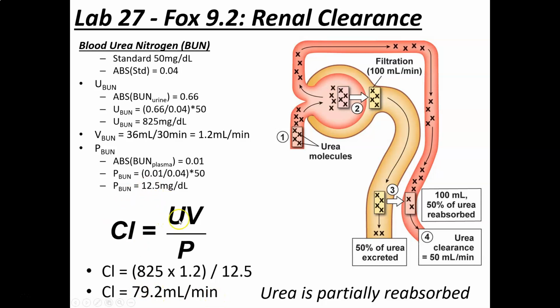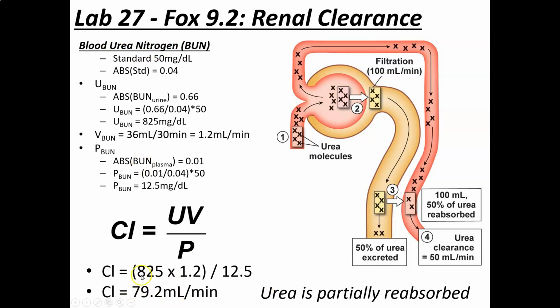Again, in terms of the units, the U and P are going to be the same units. So both in milligrams per deciliter, here 825, here 12.5. They cancel out. You're left with the units here of 1.2 mLs per minute. That's my V. So interestingly, blood urea nitrogen, which sounds kind of nasty, right? If you think about it, it just sounds like something I want to keep in my body, right?